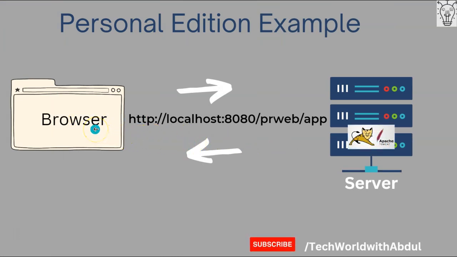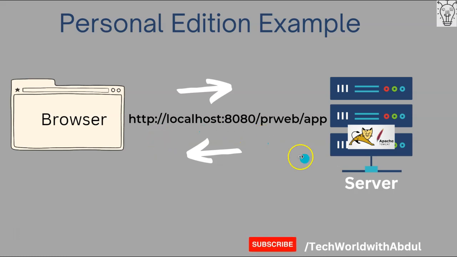In your browser, you would be hitting HTTP colon two forward slashes localhost, your host name and your port, and the application which you are trying to access. Here, the browser is hitting the personal edition which is running on a Tomcat server in your local, right? And then you will be getting back the response. And the HTTP protocol is something which is helping you in transmitting this information over the internet.